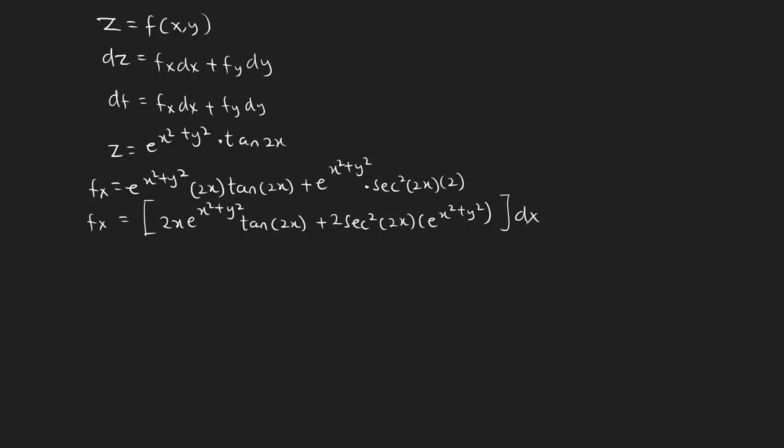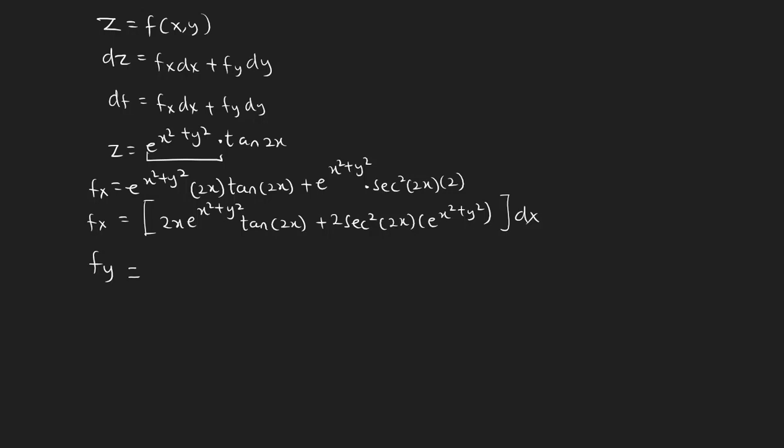Now let's solve for the second term, which is fy. You're going to differentiate the z function with respect to y. I have the first term here, e to the power x squared plus y squared multiplying tan 2x. I'm going to apply the product rule here. I'm going to differentiate this first and keep tan 2x.